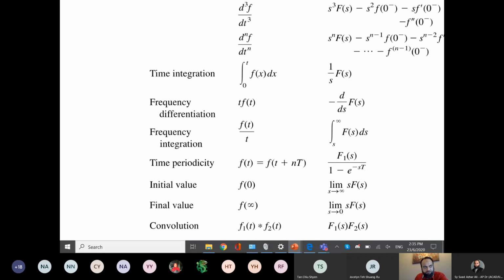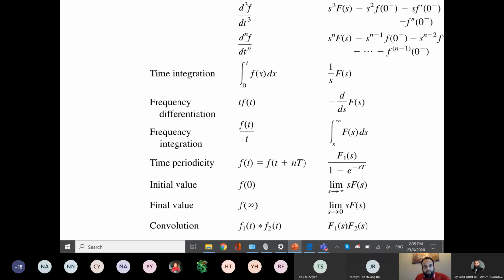Let's say a function is periodic with a period 4, for example. And suppose the Laplace transform of the first period is, let's say, just 10.